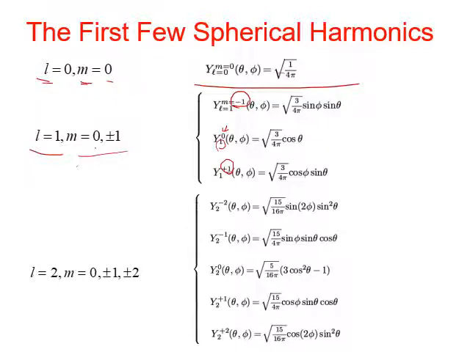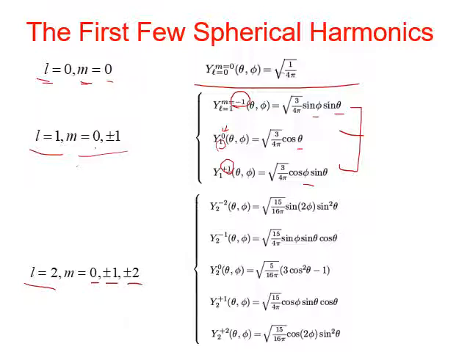Note that these functions have variables theta and phi. Sometimes you have only one variable, theta. Now when l equals 2, you have 5 possibilities: 0, ±1, ±2.